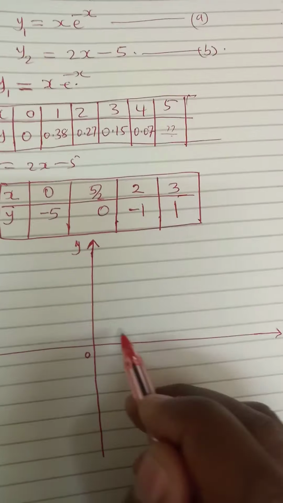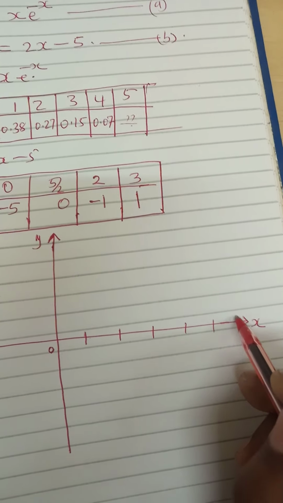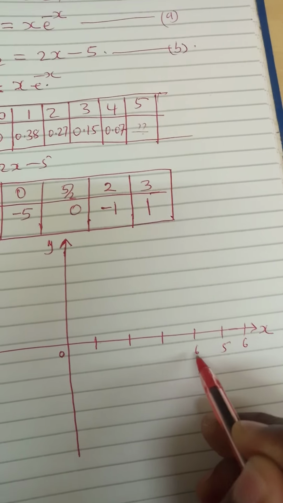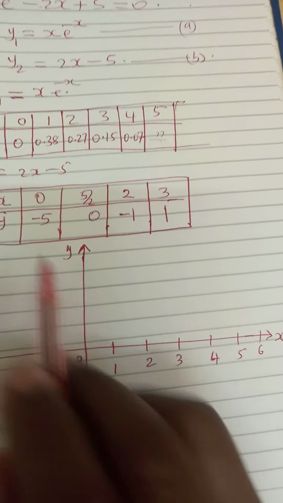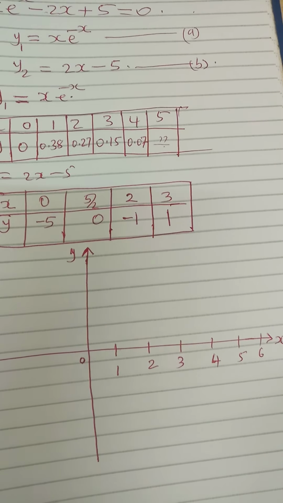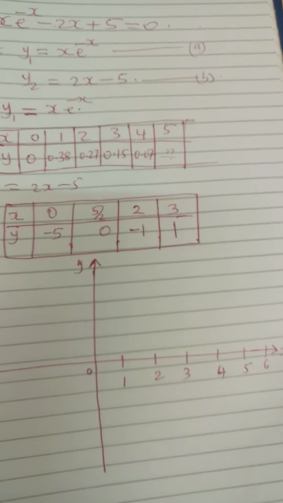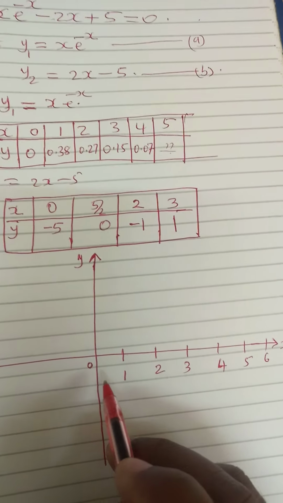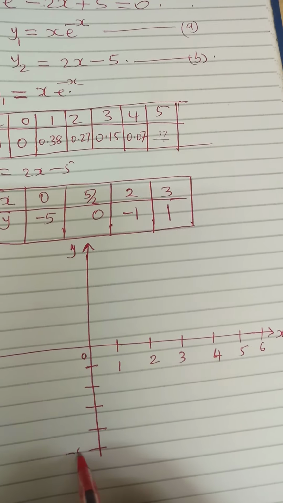I will consider 1, 2, 3, 4, 5, 6, because I am sure that my greatest value of x is 4, as considered there. And I will consider y to run down to negative 5, because I have that as a value.